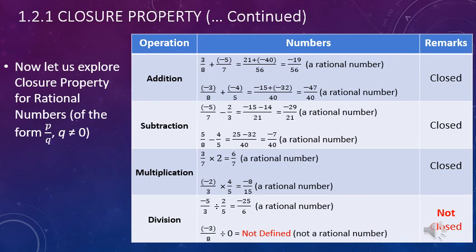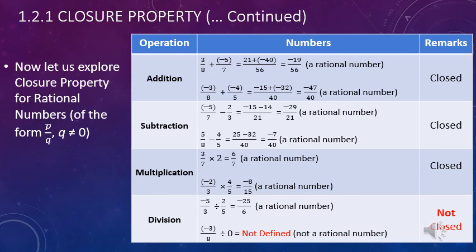Now consider operation subtraction. Here also we see that when two rational numbers are subtracted, we always get the result as a rational number. Hence, we can also say that rational numbers are closed under subtraction.